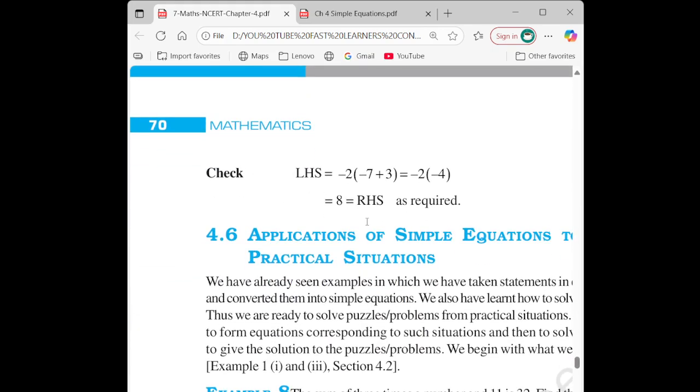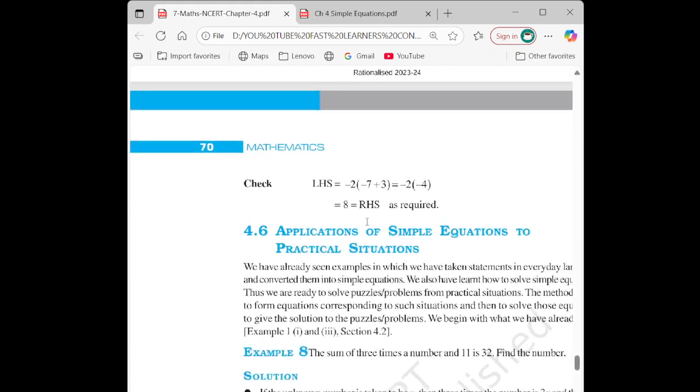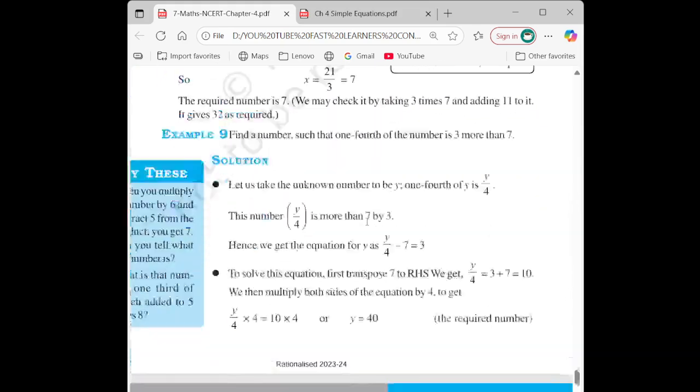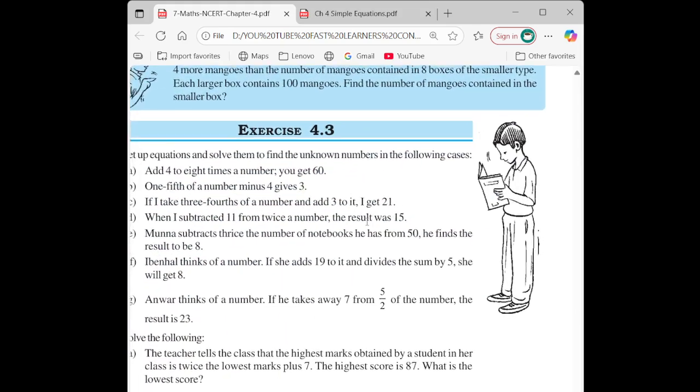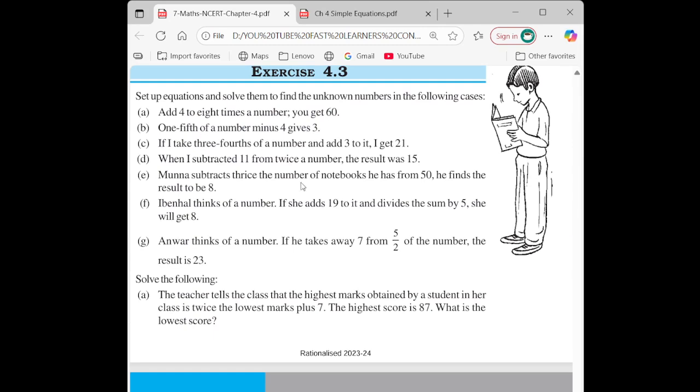Application of simple equations in the practical situation. So let's see here. Equation you have to set up. The statement is given to you. Add 4 to 8 times a number. Now see, 8 times a number. Here a number you can take any x, y, z or a, b, c, d.